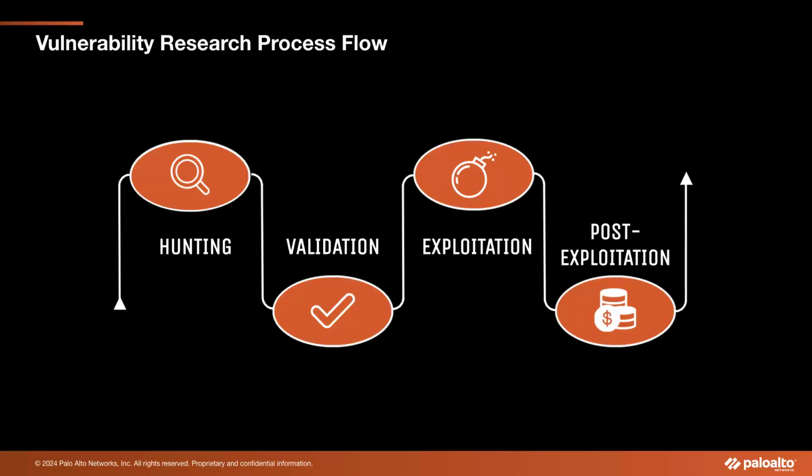So typically in vulnerability research, you follow this process, or at least that's the way I do it. First you do the hunting, right? It's like narrowing down all your chances in a system for the bug that you're trying to catch. Then you validate. You validate if the bug is actually a bug, if it's something that could help you find what you're trying to look for. Then you exploit it. Here it depends what it's for.